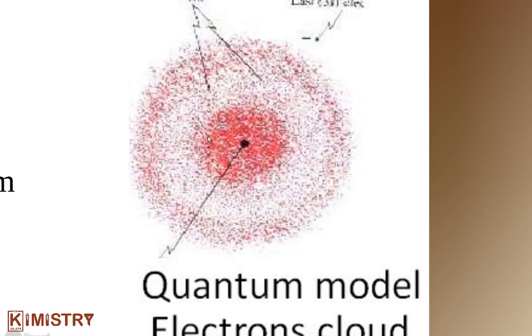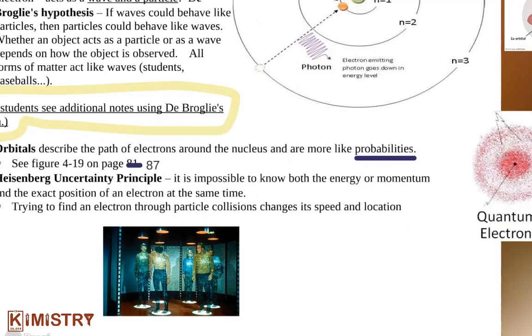So that would be energy level 1 and that would be energy level 2. But the electron could also be somewhere in between. So it's not just like the orbits of the planets. It could be anywhere between the sun and poor old Pluto that's no longer considered a planet. It could be anywhere in there. That's the probability cloud, or the electron cloud, of the quantum model.